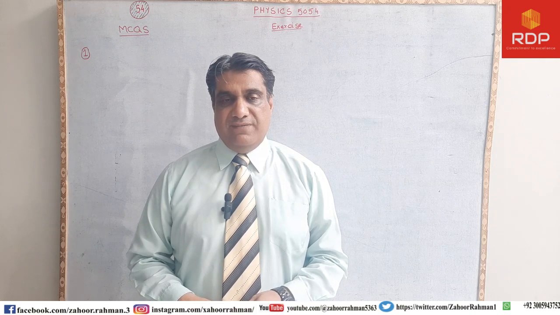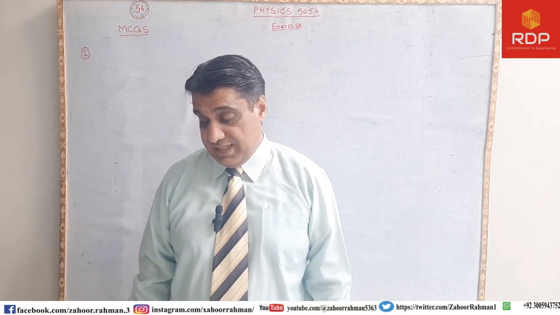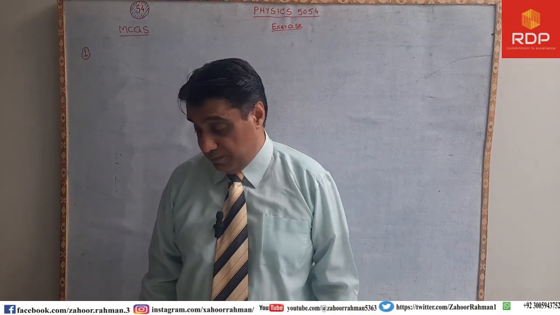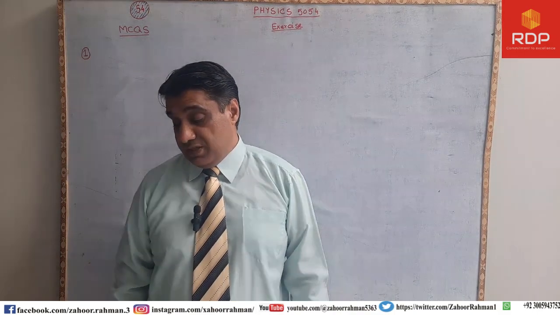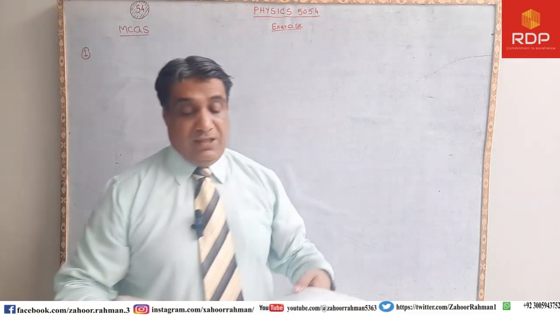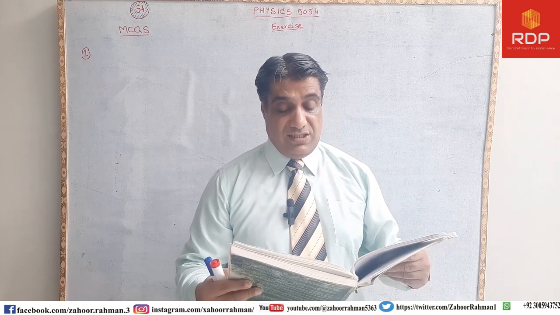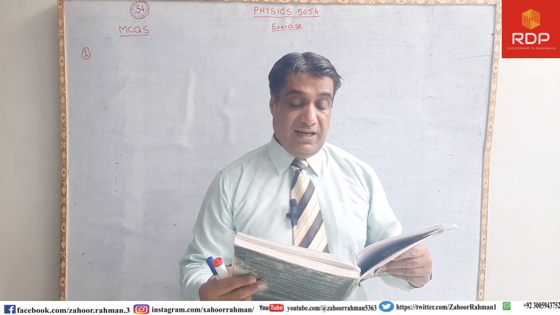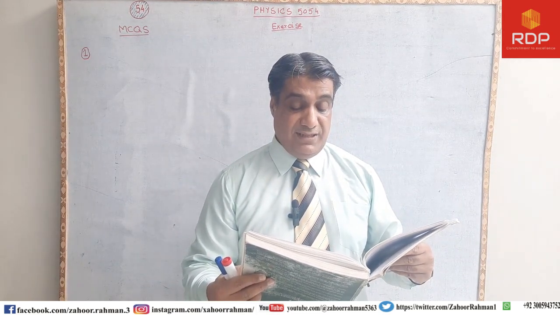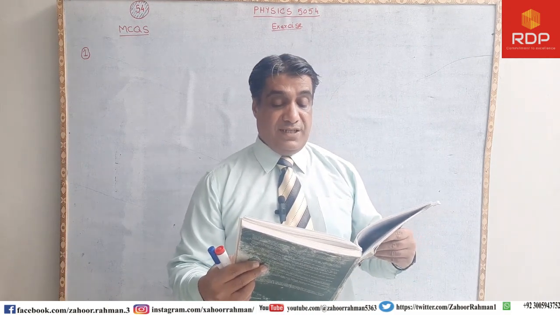Let us dive directly into the exercise which is on page number 139 of this book. Ladies and gentlemen, in the first question, listen carefully because writing it on the board is difficult.